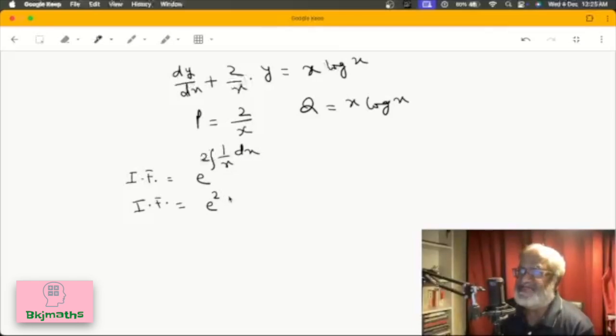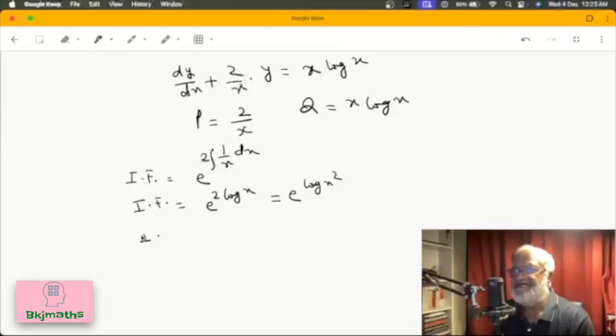Integration of dx by x is log x. So 2 into log x. So by property of log, it becomes e to the power log of x square. So finally our integration factor is, again use the property of log, e and log cancel, so x square.